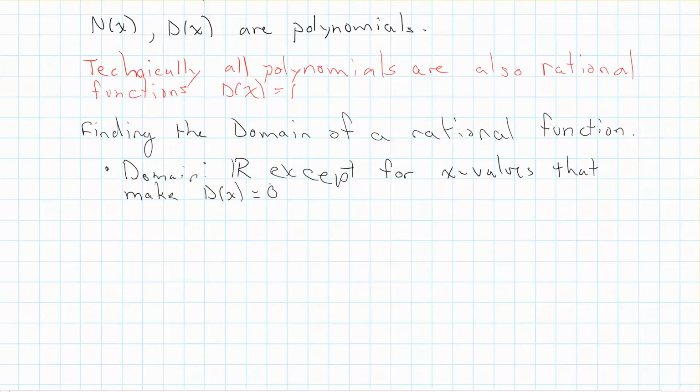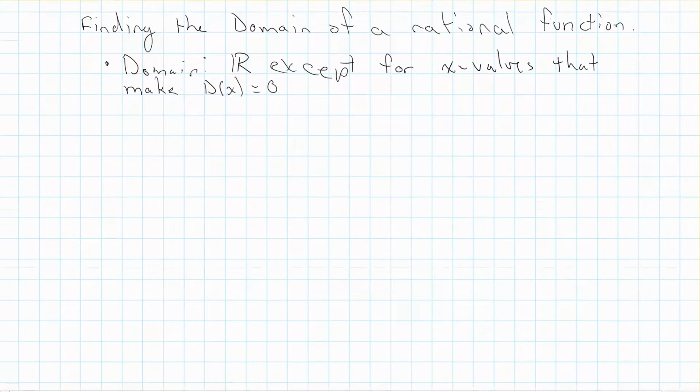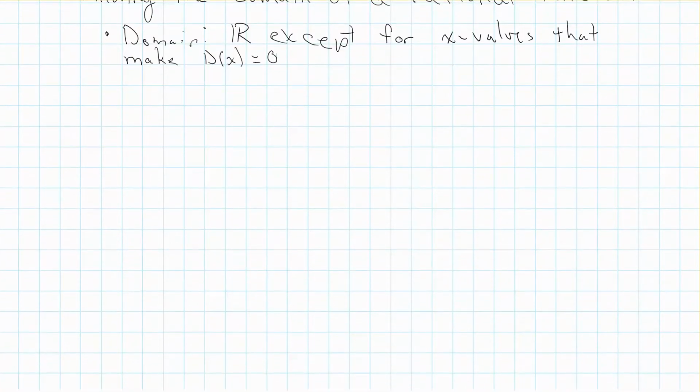So what's key here is the domain of a rational function has nothing to do with the numerator of the rational function. So let's look at a couple examples real quickly of finding some domains here.